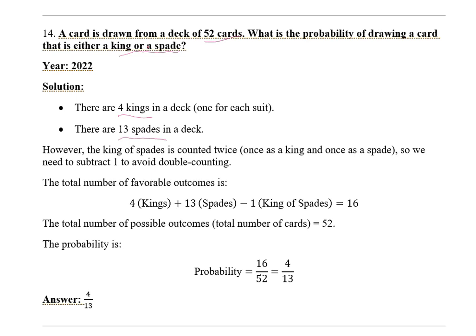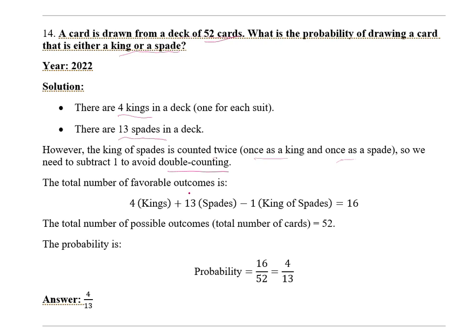A card is drawn from a deck of 52 cards. What is the probability of drawing a card that is either a king or a spade? Okay, take one card. However, the king of spades is counted twice, once as a king and once as a spade. So we need to subtract 1 to avoid double counting.